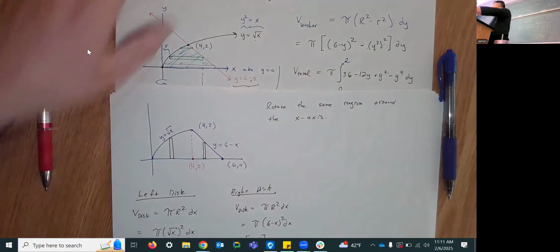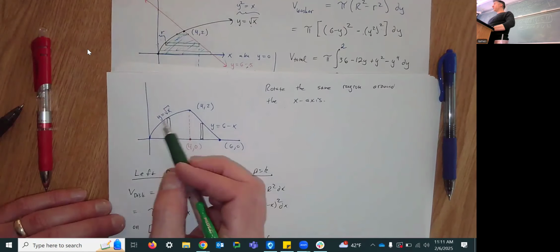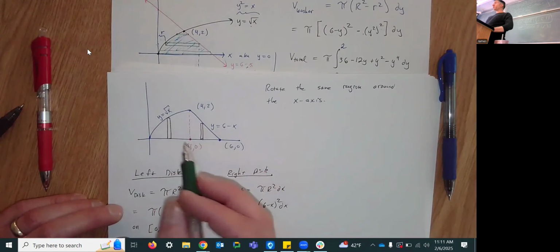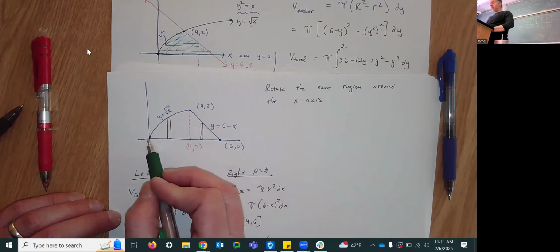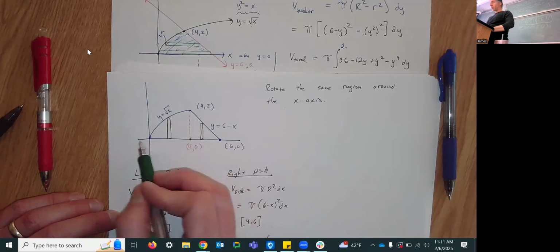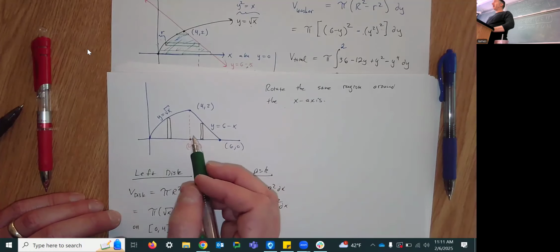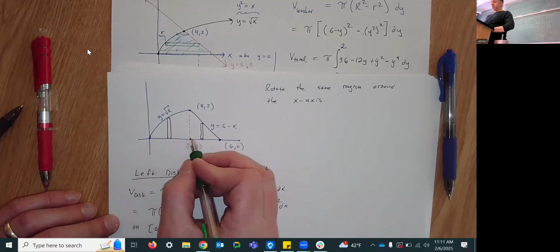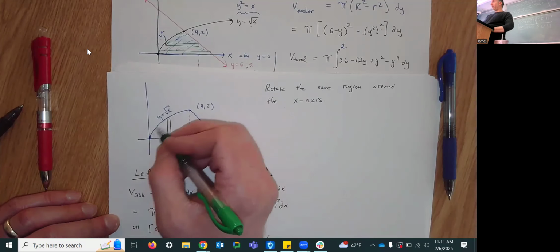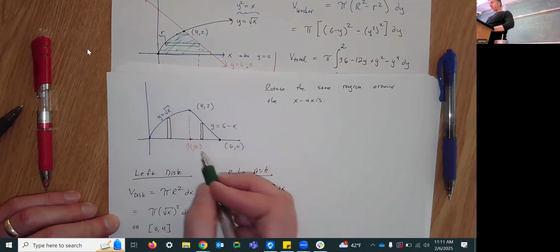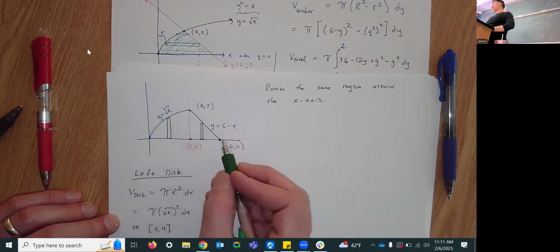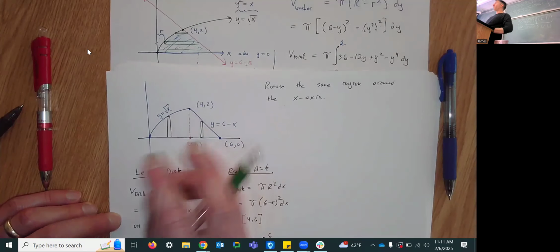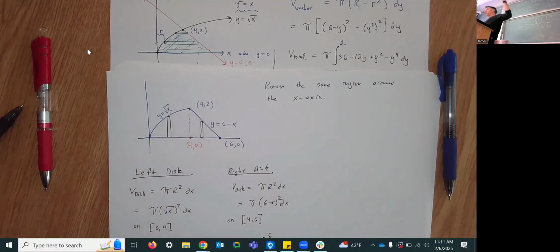On the other hand, in the same shape down here, when I draw a vertical strip, no matter where I draw the vertical strip, the bottom boundary is always y equals 0, but the top boundary changes, right? Between 0 and 4, the top boundary is y equal to the square root of x, whereas between 4 and 6, the top boundary is y equal to 6 minus x. And so if one of the boundary functions or both change midway through, that's where you have to break it up into multiple intervals.